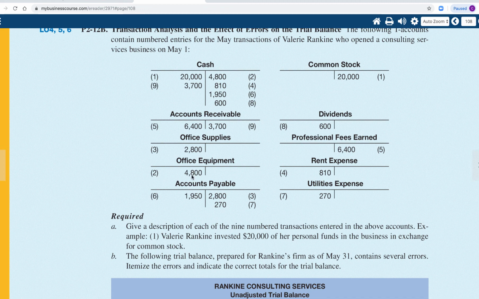Okay, we could do the same thing for 3. 3, office supplies has a debit of $2,800. Okay, so let's find 3. Where's the other 3 at? Accounts payable. Well, what's an accounts payable? It's a liability. It's credited. So we're increasing accounts payable, increasing office supplies. What did we do? Bought office supplies on account.